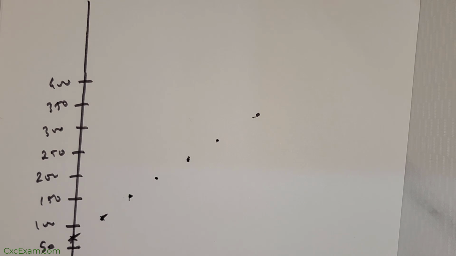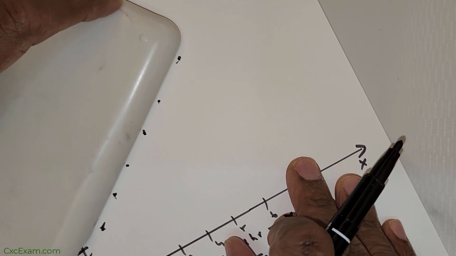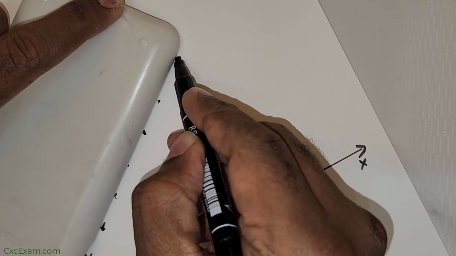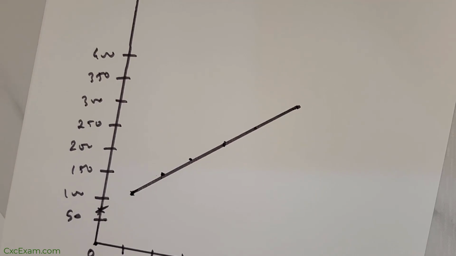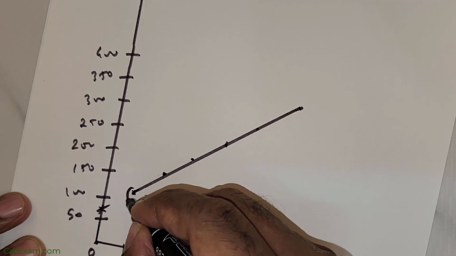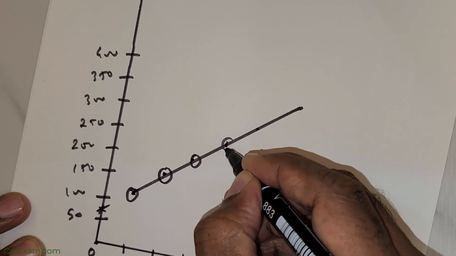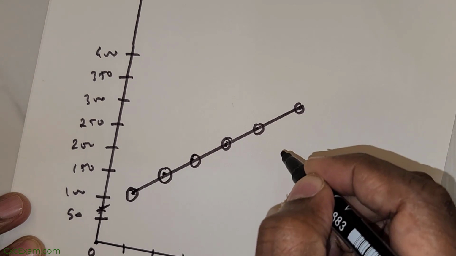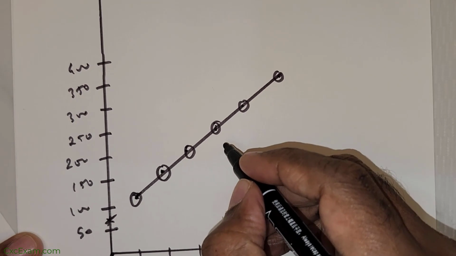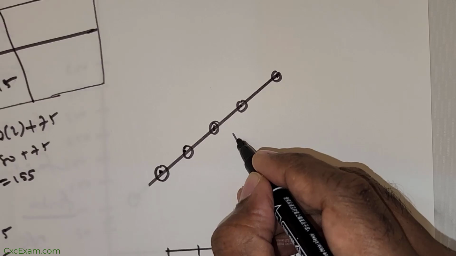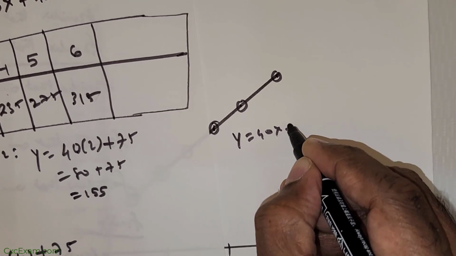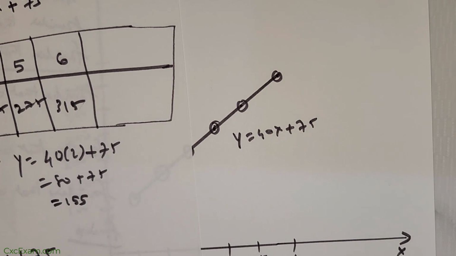Okay, so you connect them. So this is a linear graph, and the equation is y is equal to 40x plus 75.